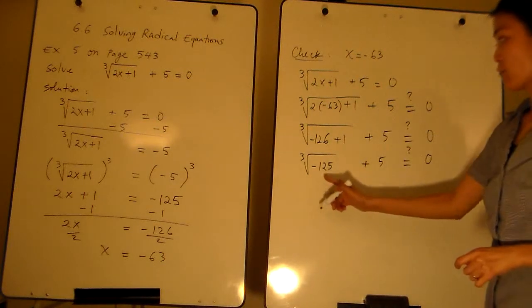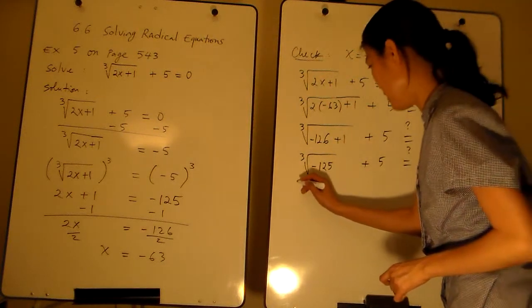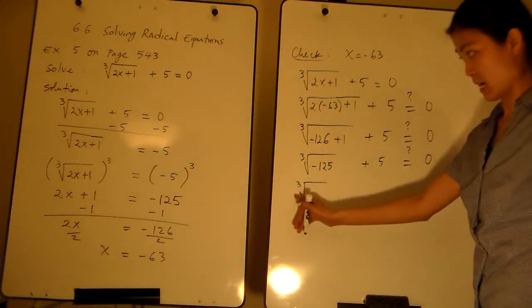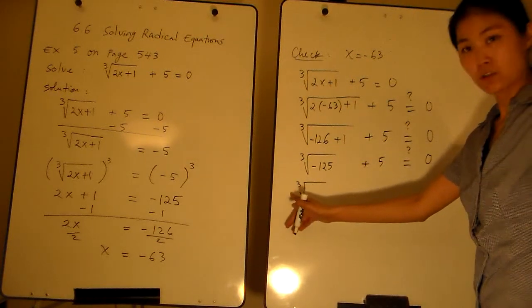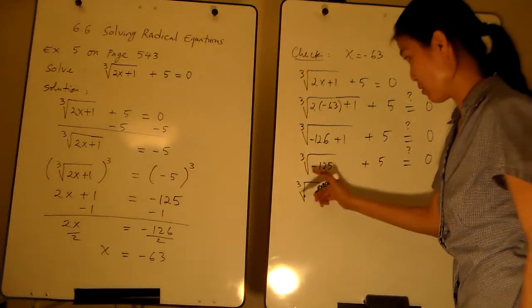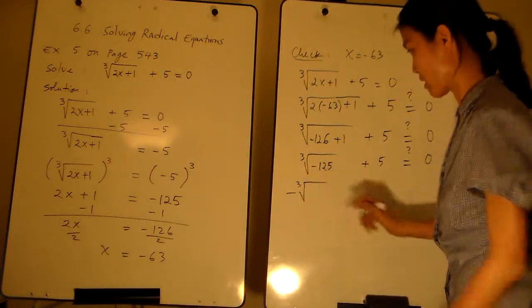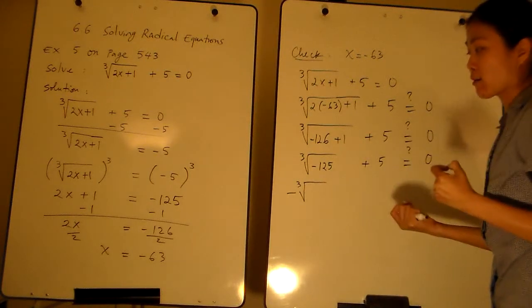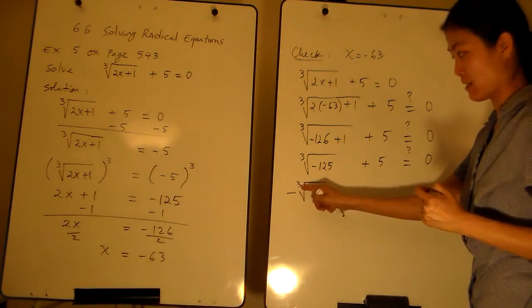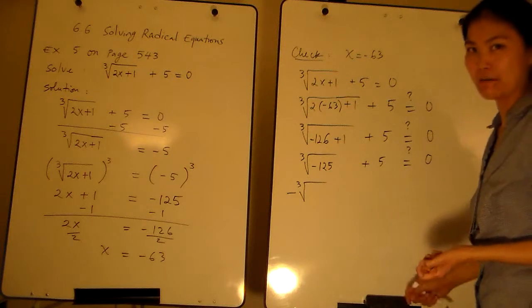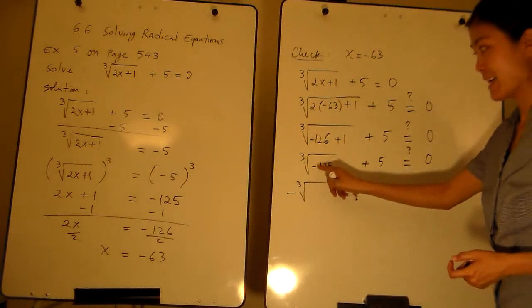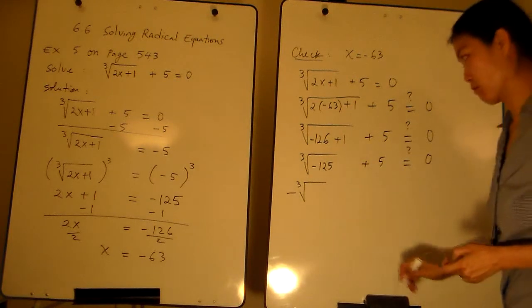Now, for the cube root of negative 125, because the index is odd, you can bring this negative to the front of the cube root, or when the radical has an odd index, like 3, 5, 7, 11. Because the index 3 is odd, you can bring the negative outside the radical.